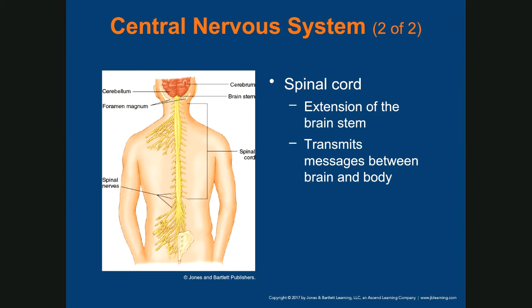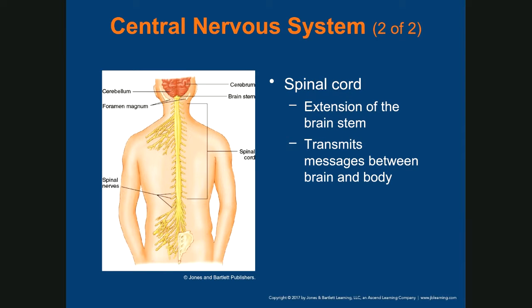The spinal cord. So we're still on the central nervous system. Spinal cord. It is an extension of the brainstem, right? So the spinal cord is the connection between the brain and the rest of the body. This is how the brain communicates with the rest of the body, right?